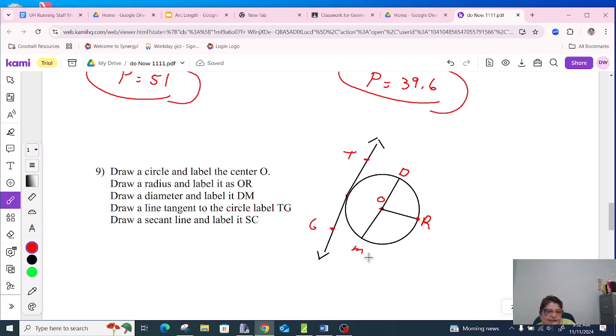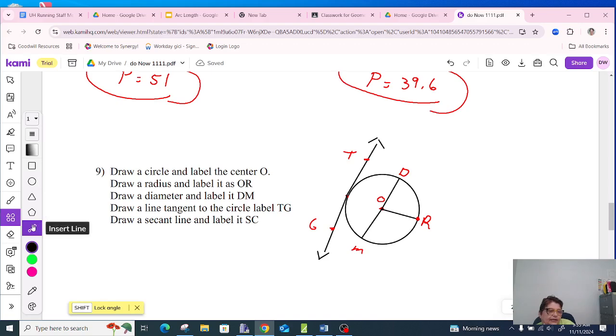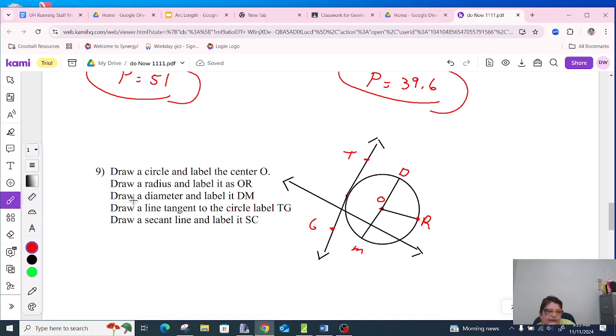And then what's a secant? It goes through the circle a little bit. It passes through the circle at two places, and it should be a line. Secants tend to be lines. So I'm going to draw one just anywhere through, and I'll put little arrows on the ends.